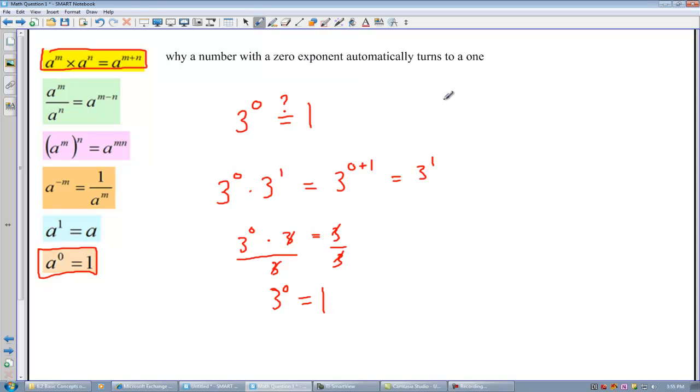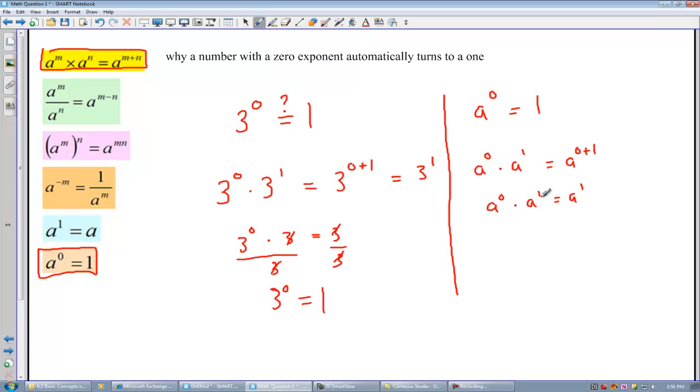You can repeat this argument with, instead of using 3s, you can just use a. So you want to show that a to the 0 has to be equal to 1. What you would do is you'd say, okay, notice if I take a to the 0 times a, which is a to the 1, this should be equal to a to the 0 plus 1. You add exponents. And so then you have a to the 0 times a to the 1 is equal to a to the 1.